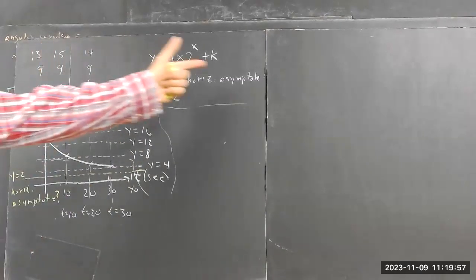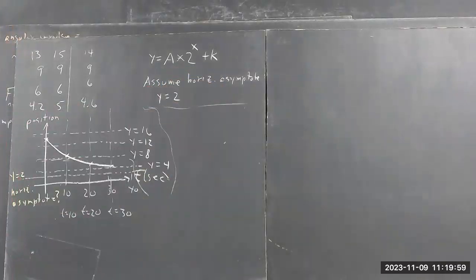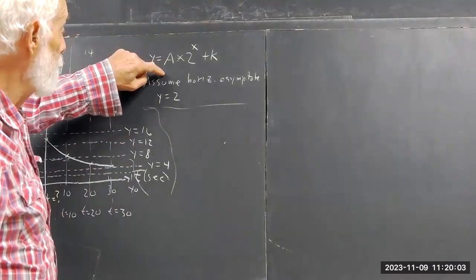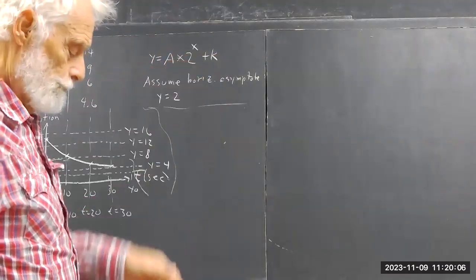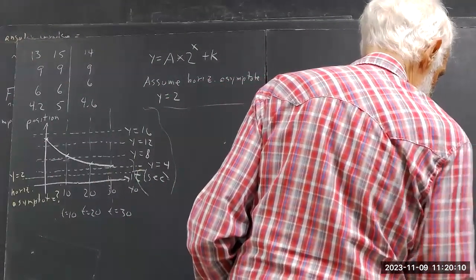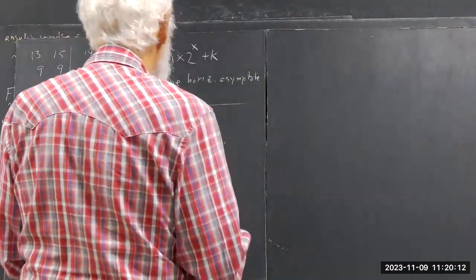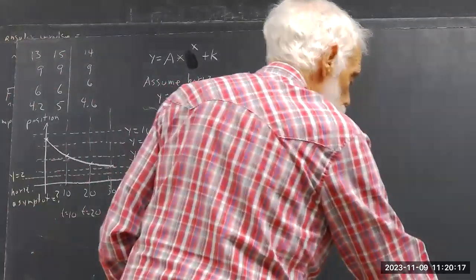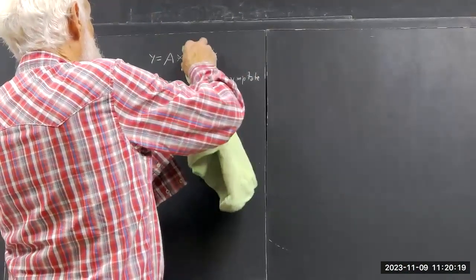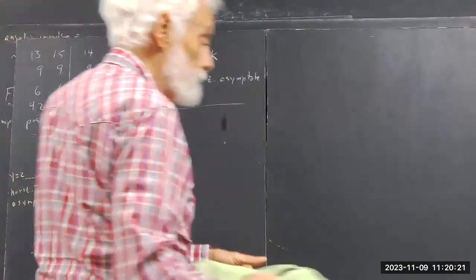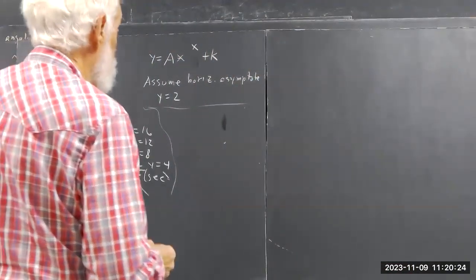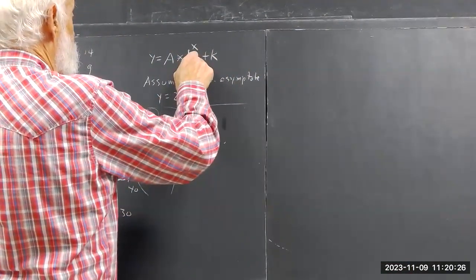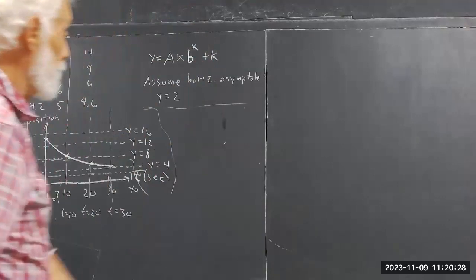Then what do you know about the parameters of this model? What I mean by parameters are the values of A. And I said 2 to the x because I wasn't thinking as clearly as I'd like to. We're doing a lot of that this week, so watch me. Okay, a times b to the x plus k.